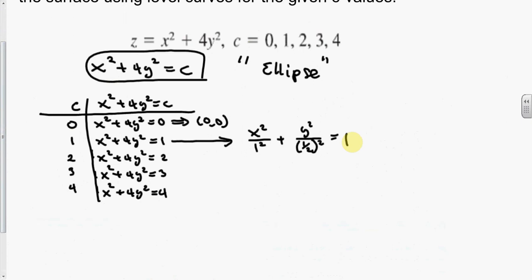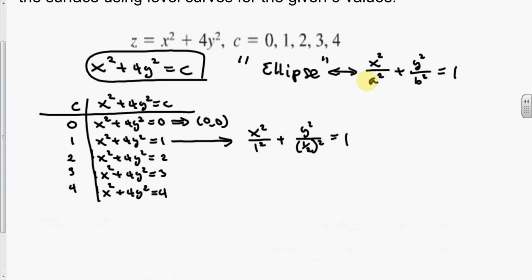I want to put this in the standard form for the ellipse equation, right? The ellipse equation is x squared over a squared plus y squared over b squared is equal to 1. So that's what I have in mind for this so-called ellipse. I recall its equation. So I write each function now in that form so I can graph.